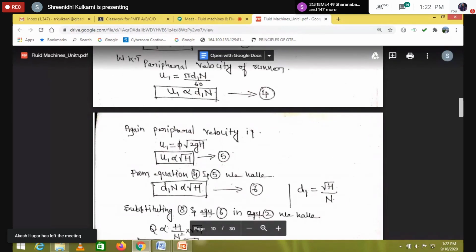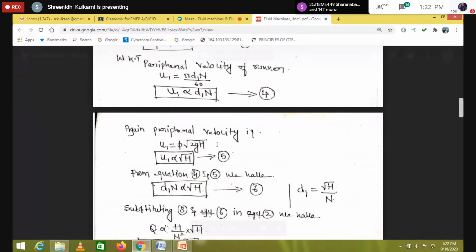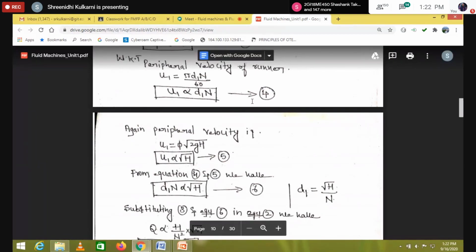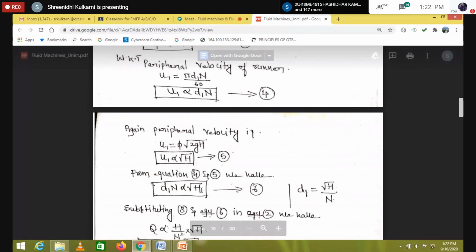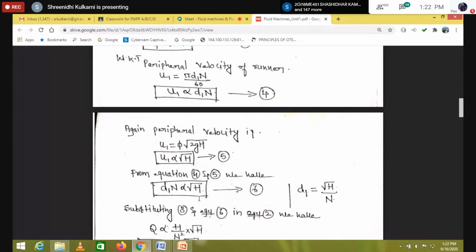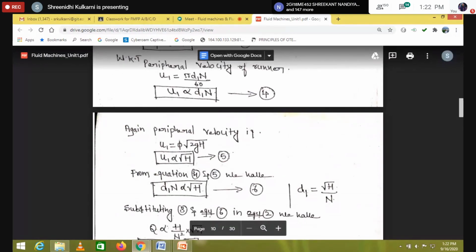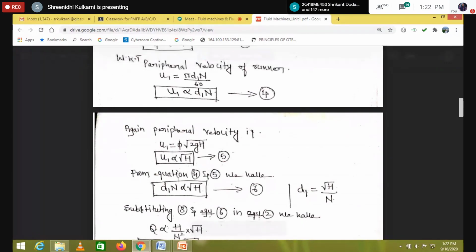So here you can see equation number 4 and equation number 5. We can equate these two equations, 4 and 5. Once we equate this, we will get D1 N is directly proportional to root h. Just see equation 4 and equation 5; by equating these two we get D1 N directly proportional to root h.